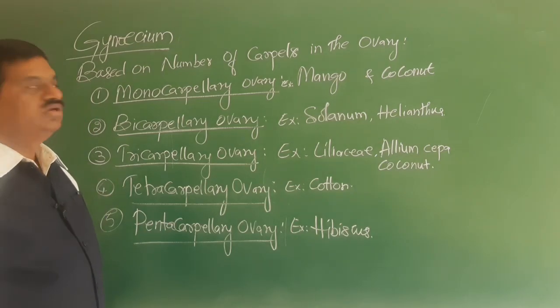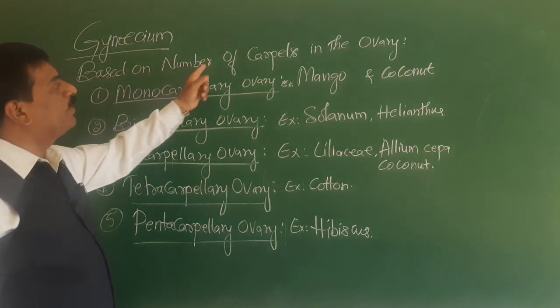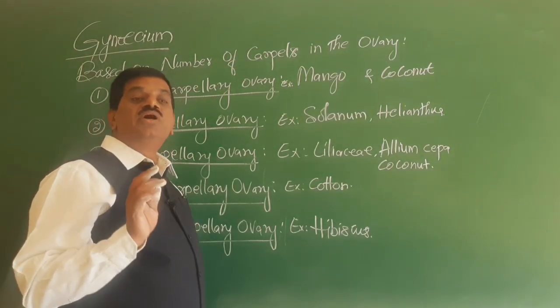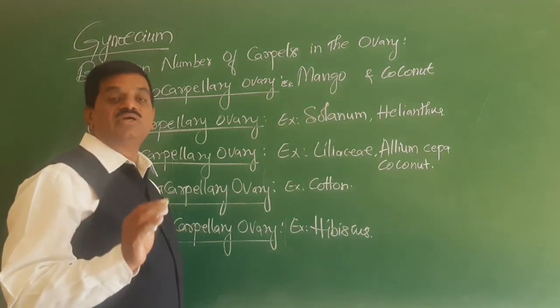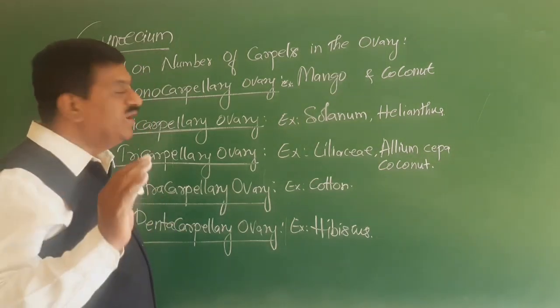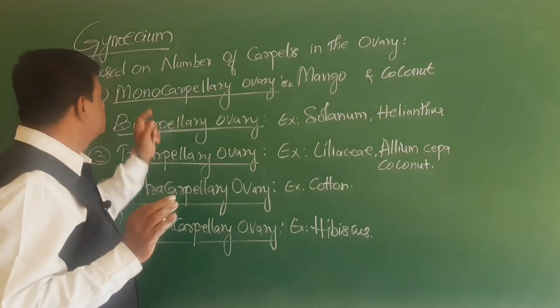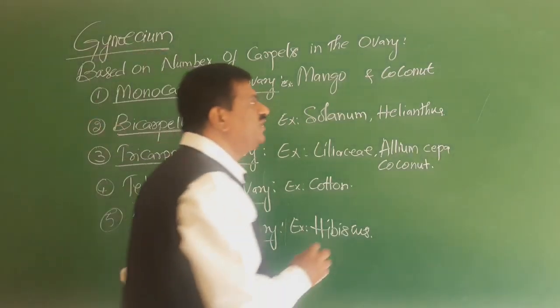Students, we are going for the next heading, gynoecium based on the number of carpels in an ovary. So in an ovary, how many units, how many chambers, how many carpels are there? Based on that, there are different types of carpillaries. So, unicarpillary ovary.